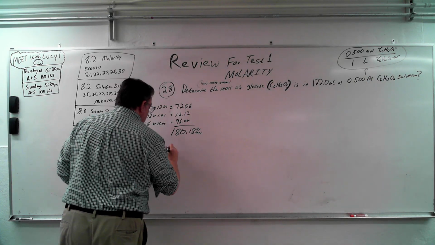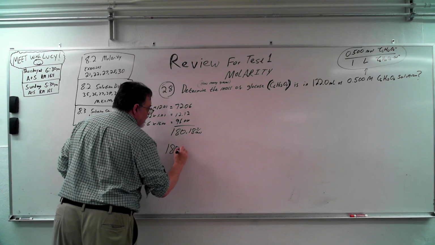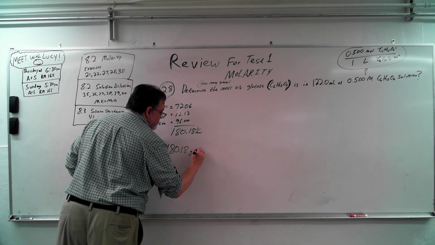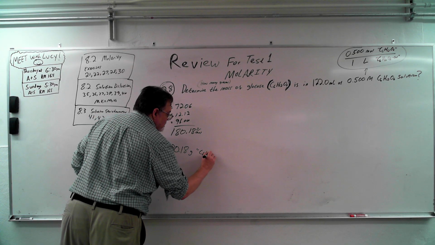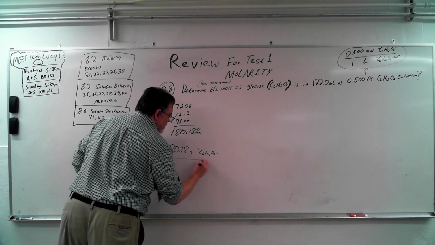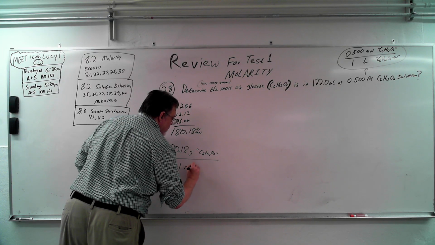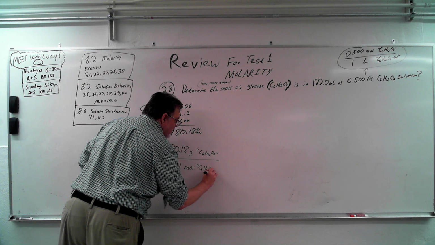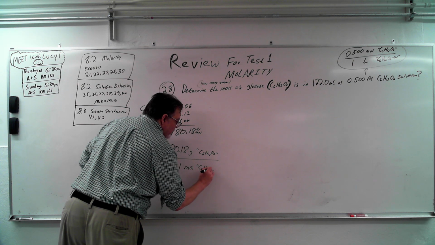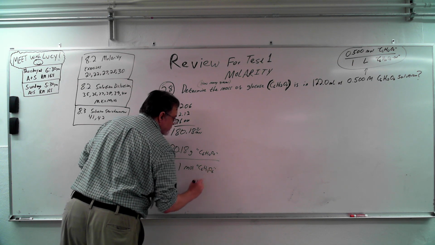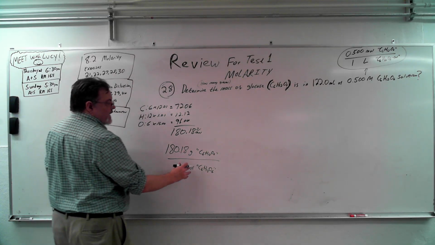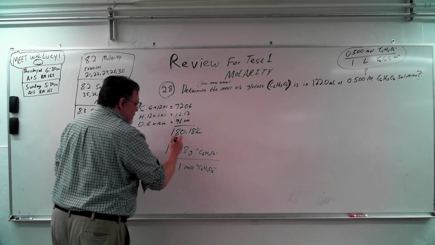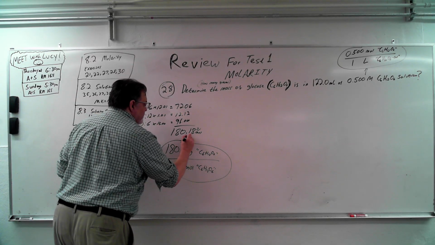And I've got this more formally in grams of C6H12O6 to 1 mole. Grams and moles, so I don't have solution there. So that's the more formal version of this.